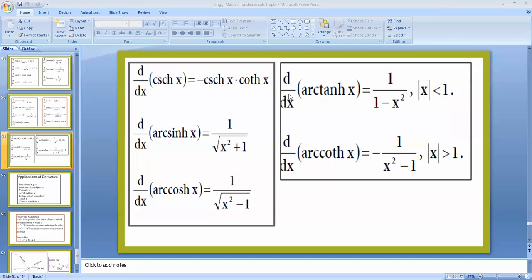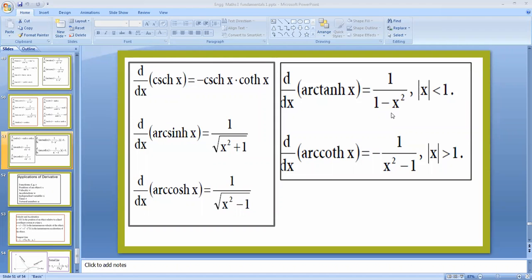Now, next, see here the derivative of tan hyperbolic inverse of x. Tan hyperbolic of x is sine hyperbolic of x by cos hyperbolic of x, and in terms of exponentials by Euler's formula it is e raised to x minus e raised to minus x upon e raised to x plus e raised to minus x.